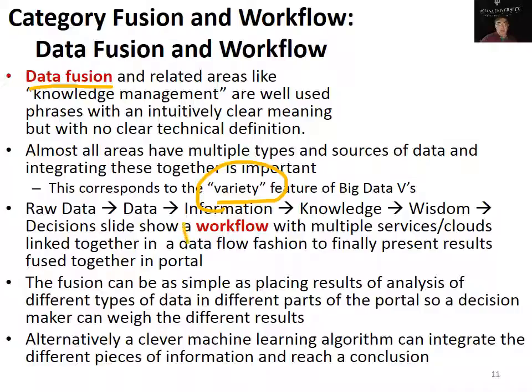And workflows are often how you integrate this fusion, because workflow, I said, is how you take different jobs and put them together to make a big answer. So fusion is taking different types of data and putting them together to get an answer that is implemented as a workflow.